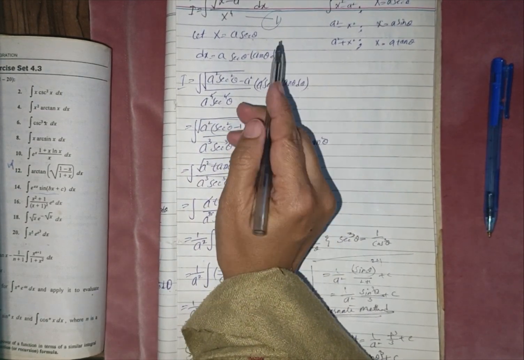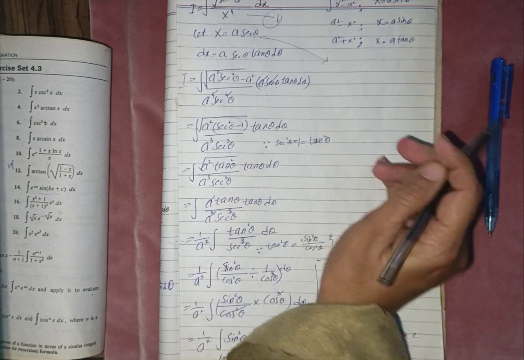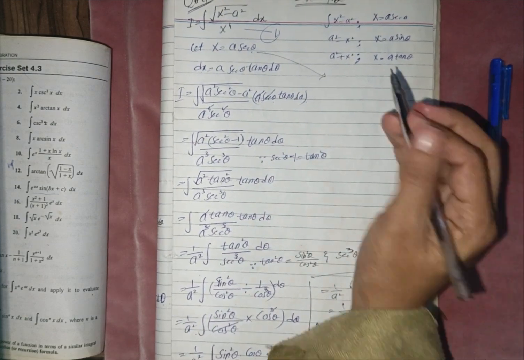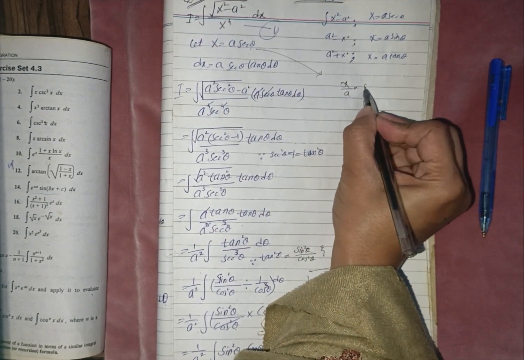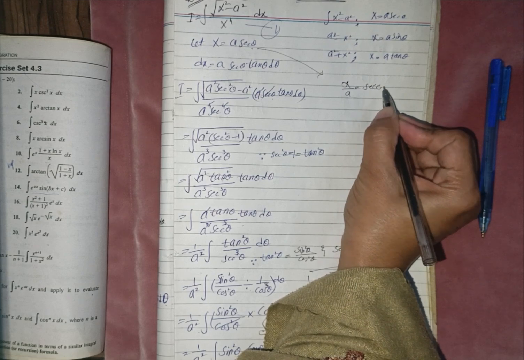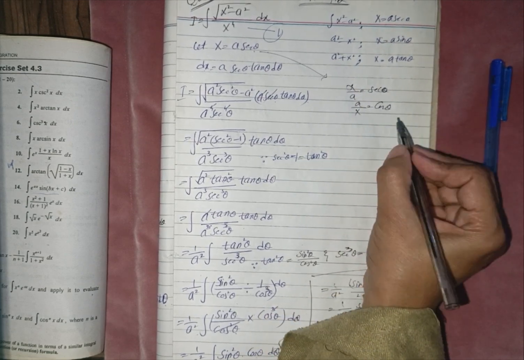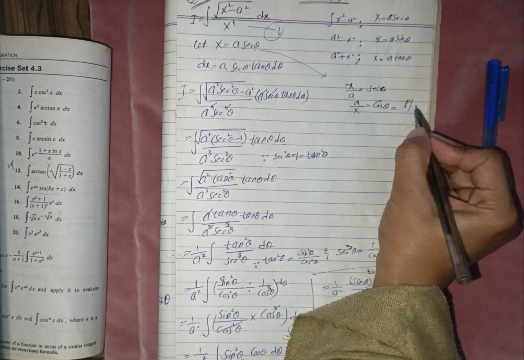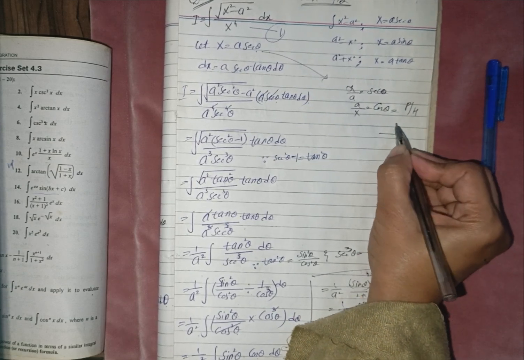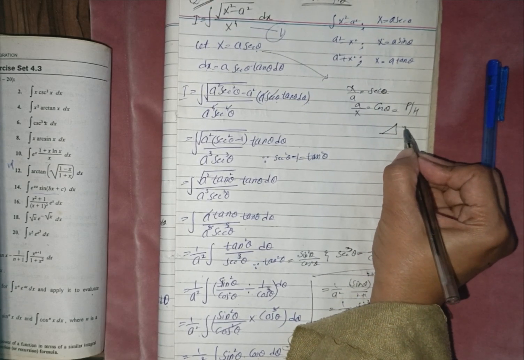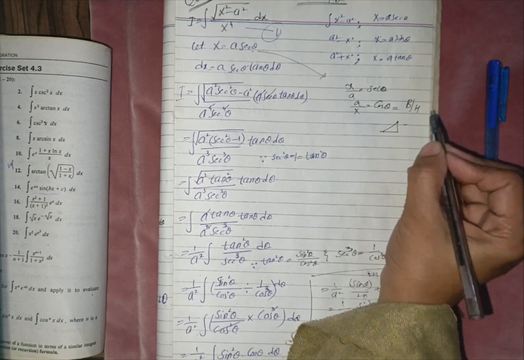Secant theta is our first substitution, and from this substitution we will get x upon a is equal to secant theta, or a upon x is equal to cos theta, and the cos theta is equal to base over hypotenuse.